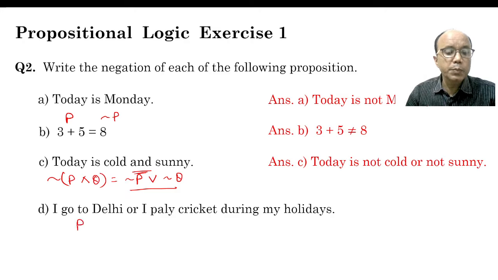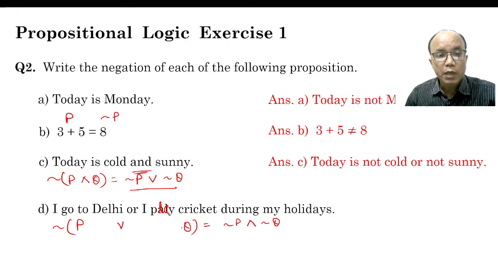Suppose I go to Delhi during my holidays, this is P, and I play cricket during my holidays, this is Q. So now look at this, the sentence is P or Q, and we have to find the negation of P or Q. So this is negation P and negation of Q. So negation P, I do not go to Delhi, and I do not play cricket during my holidays.